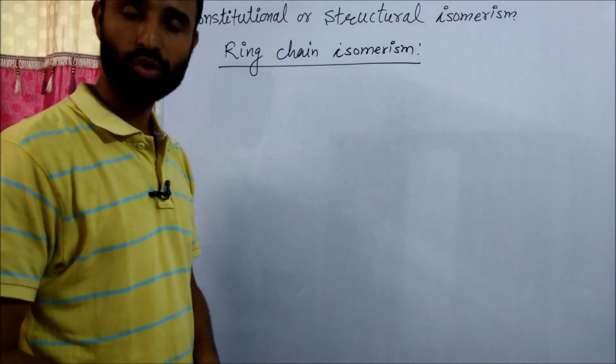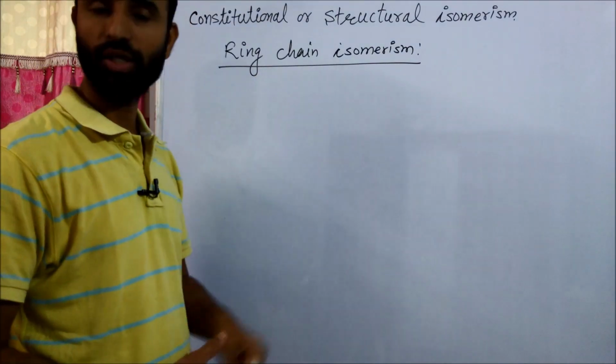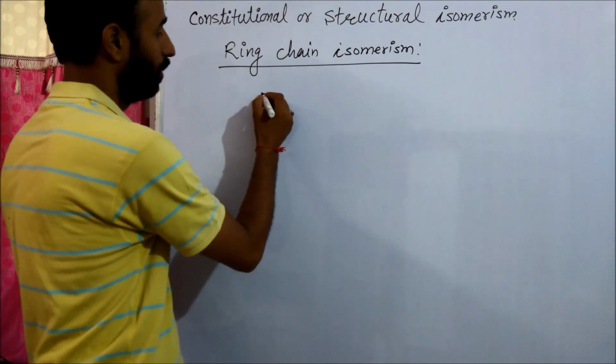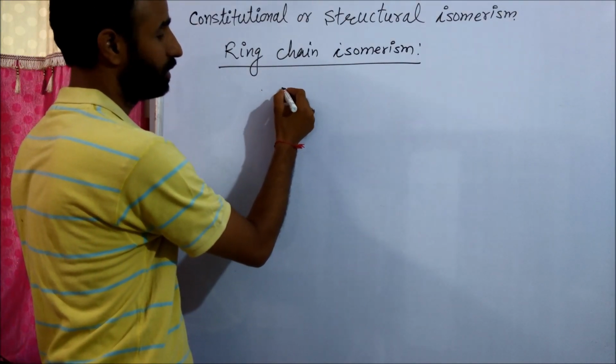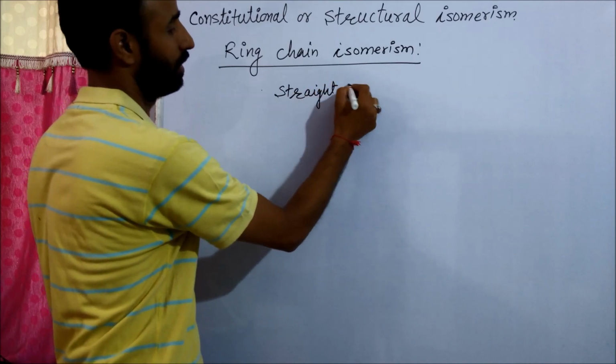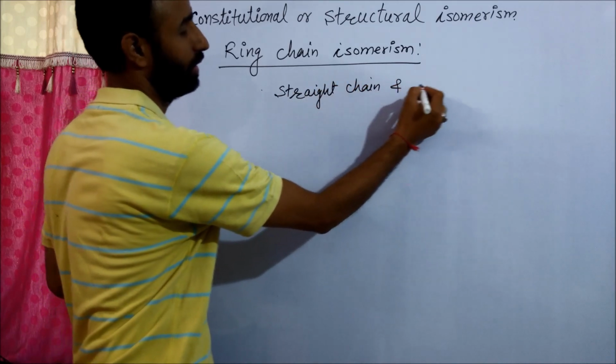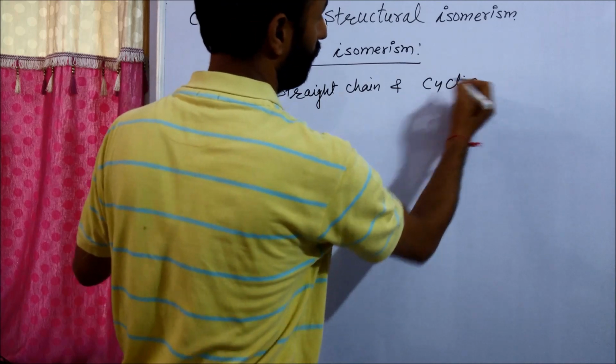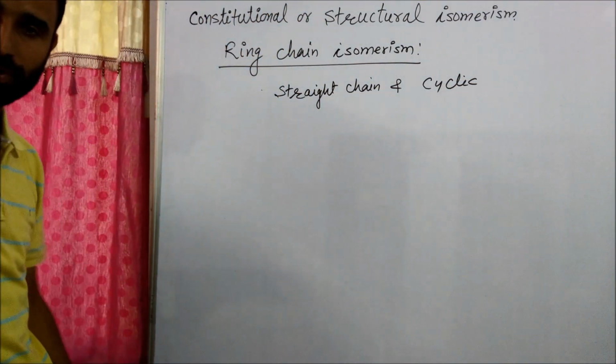Next is ring chain isomerism. So in a ring chain isomerism, one isomer has straight chain and other have cyclic structure.